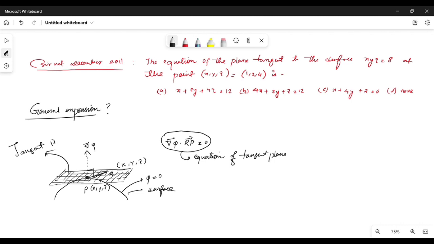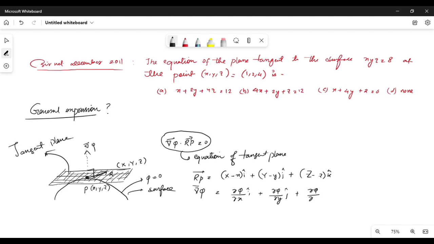So I am trying to find the general expression. So let me find first the RP, right? And RP is given by the difference of the coordinates, that is capital X minus small x i cap, right? Then capital Y minus small y j cap plus capital Z minus small z k cap, right? Then gradient of phi, you know how gradient of phi is found, that is del phi by del x i cap plus del phi by del y j cap plus del phi by del z k cap.